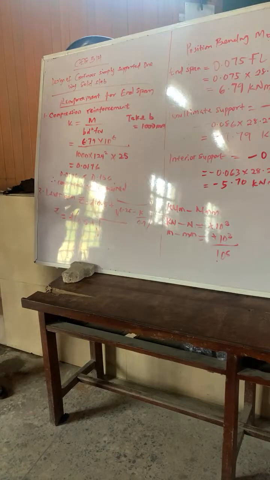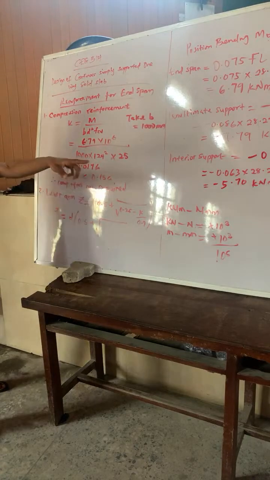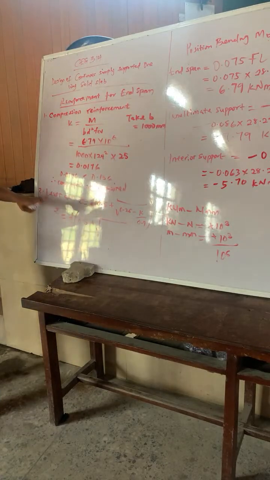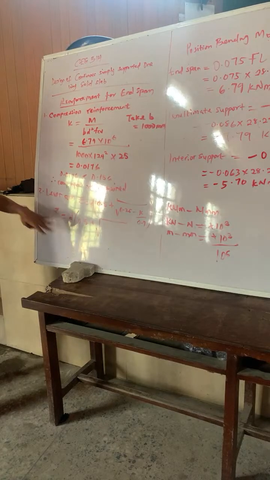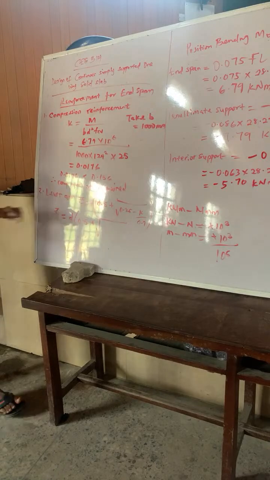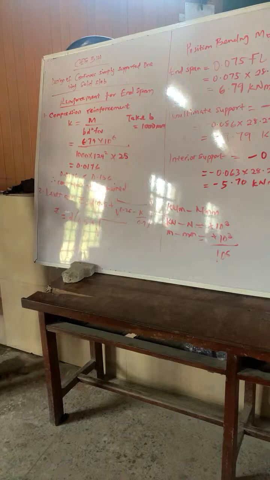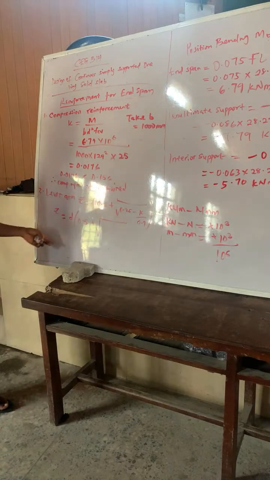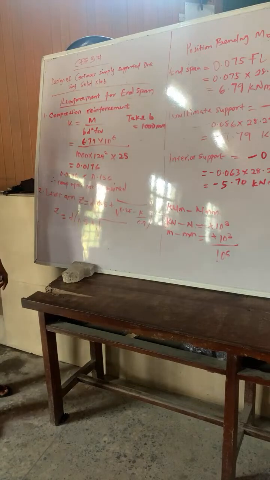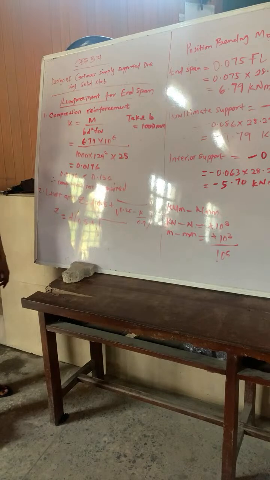Our effective depth is 124, we know, but we are not inputting it now. We will input it later, because there's a condition here that if our Z is greater than 0.95D, you will adopt 0.95D. Do you remember in one way slab?